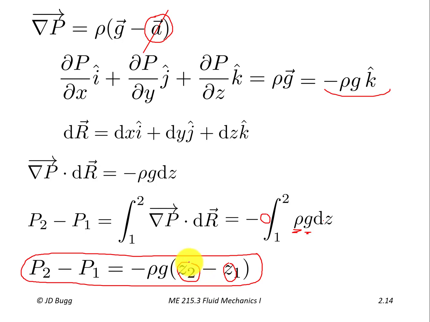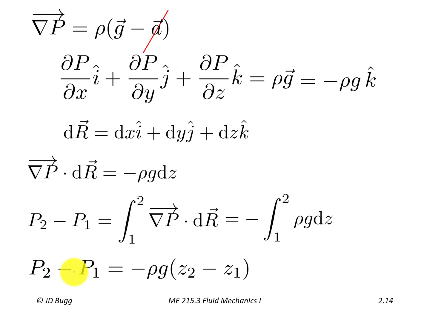Moving in and out of the screen or left to right doesn't make any difference to the pressure. It's only moving up and down that does that. So this is our first look at applying our equation to calculate the pressure difference between 2 points in a fluid, in a simplified case where there's no acceleration and where the fluid is in a hydrostatic state.